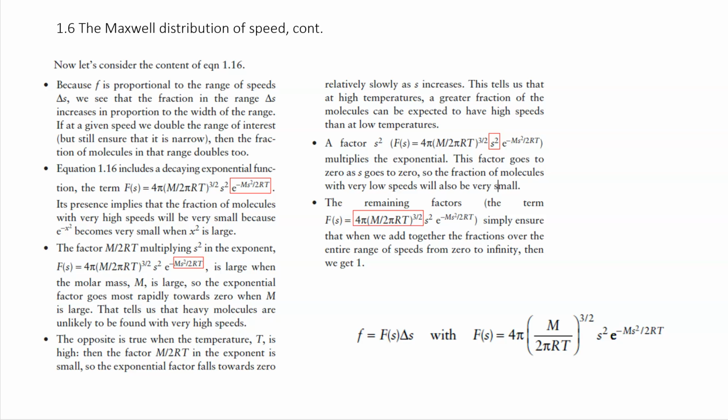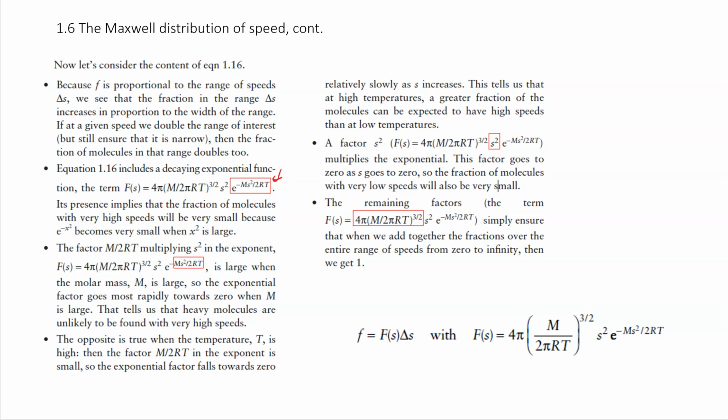So the equation included a decaying function, and this term, function of s equals 4 pi times the quantity m over 2 pi RT raised to the 3/2 power. This decaying exponential function is circled in red right here.